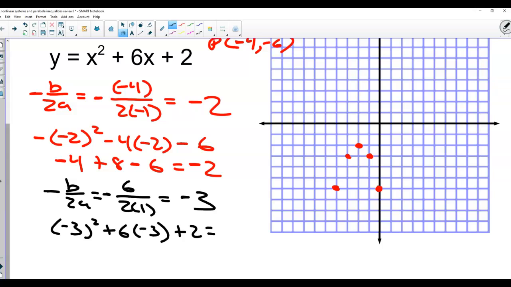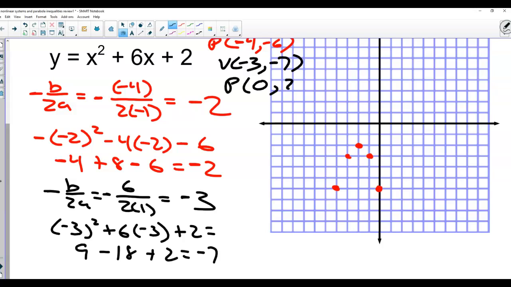That's going to be 9 minus 18, negative 9, plus 2 is negative 7. So my vertex for this one is going to be negative 3, negative 7. I'm going to have a point at 0, 2, and I'm going to have a point at negative 6, 2.